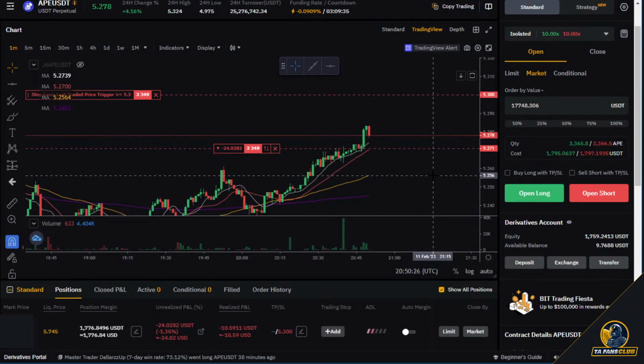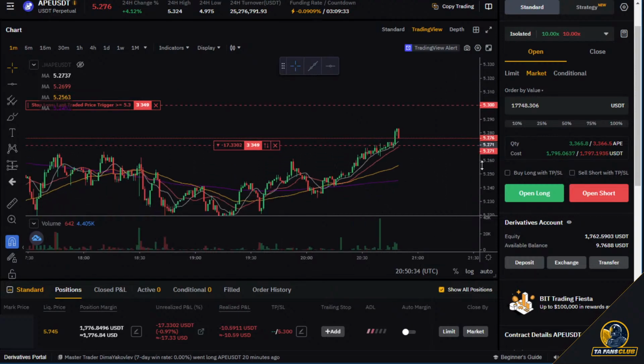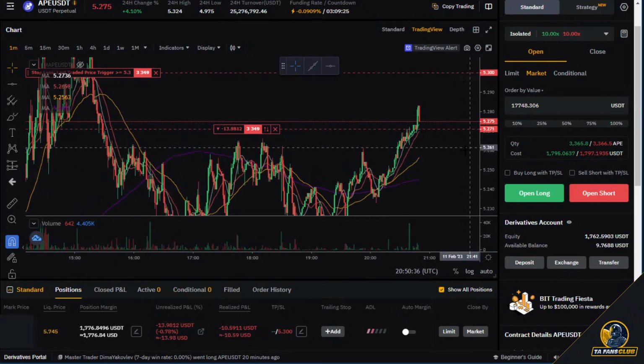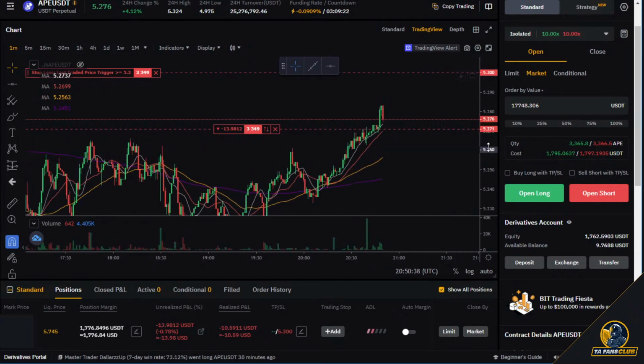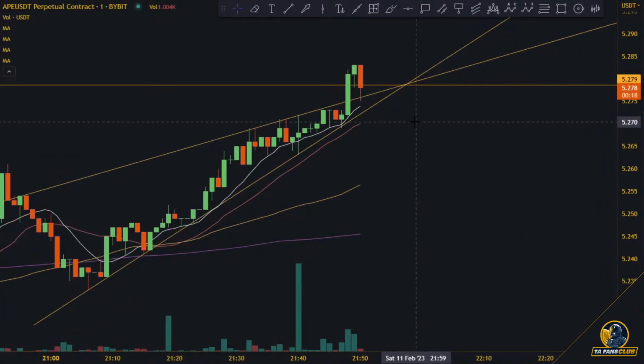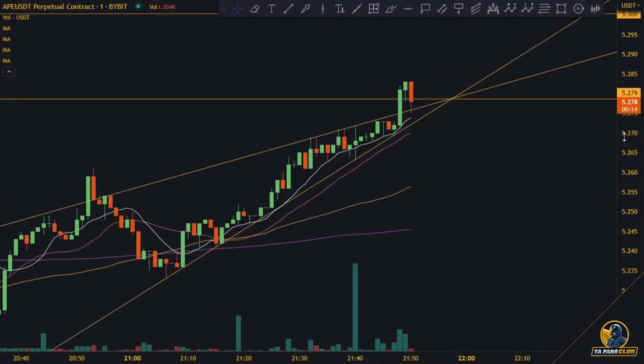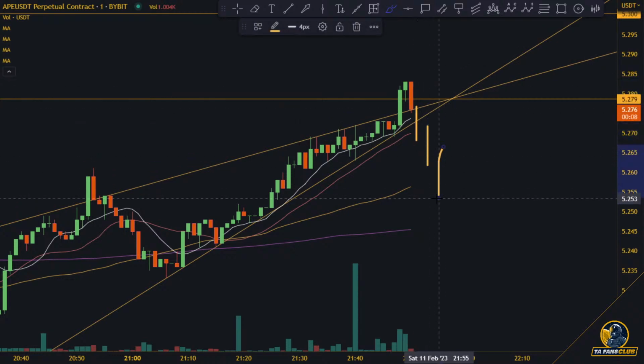We got a stop loss and everything in place, so we're good. We're shorting the resistance. We are not shorting the bottom or anything like that, right? And there is no follow through on this move up here. So it might just come here and fall down.